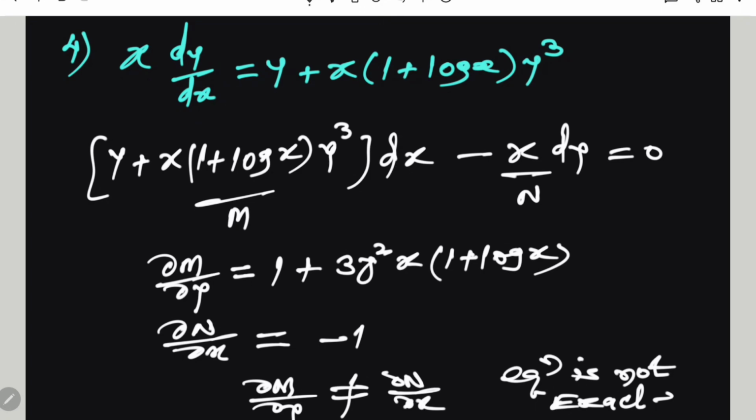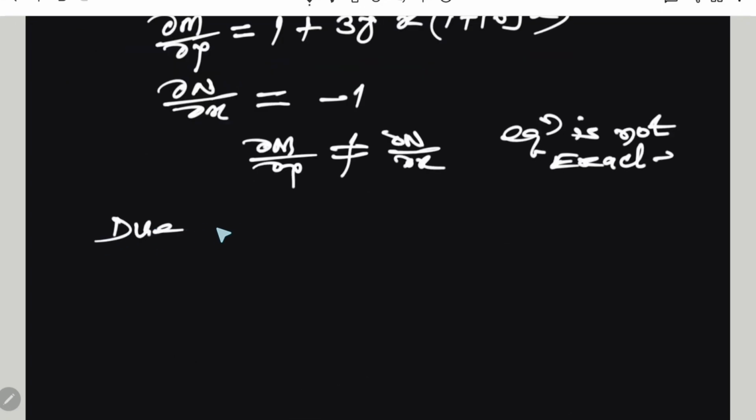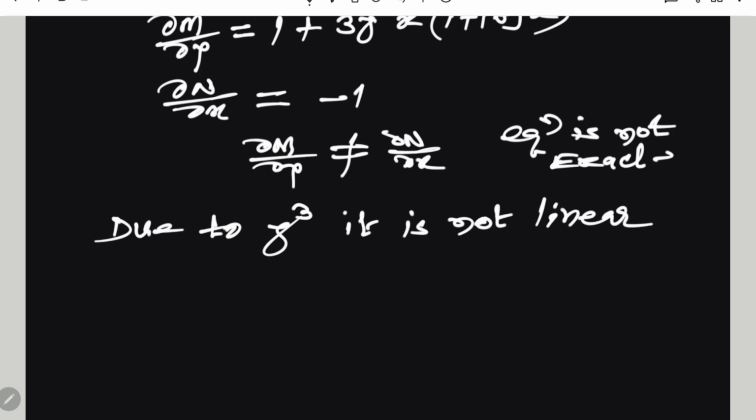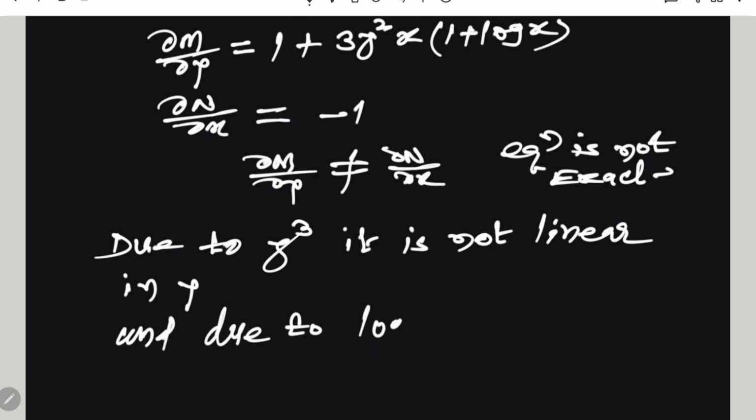Then we have to check whether it is linear in y, but there is a term of y cube, and due to this it is not linear in y. Then we check whether it is linear in x. Due to the term of log x, the equation is also not linear in x.